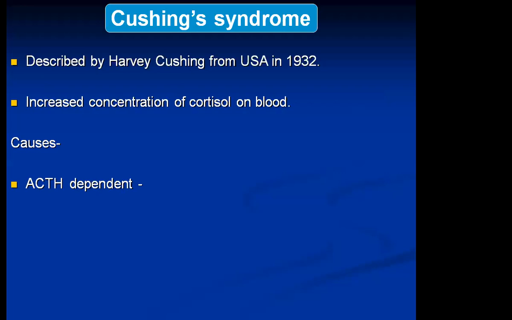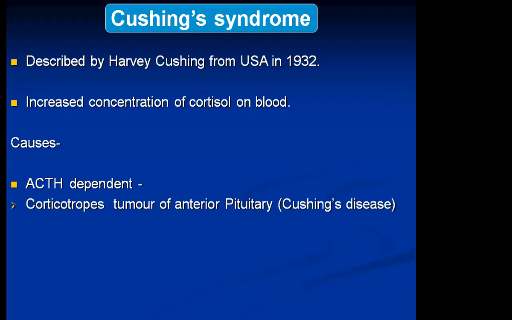Now, the concentration of cortisol in blood can be because of ACTH or because of non-ACTH causes. ACTH dependent is corticotroph tumor of the anterior pituitary. So the cells which are secreting ACTH, there is the tumor of those particular cells. Therefore, ACTH production will be increasing, which will secondarily lead to increase in the cortisol concentration.